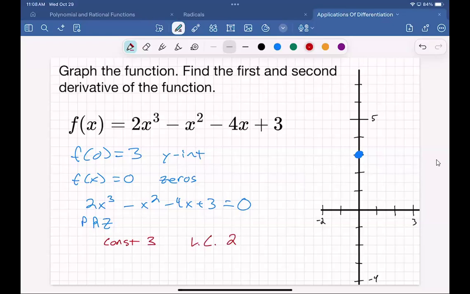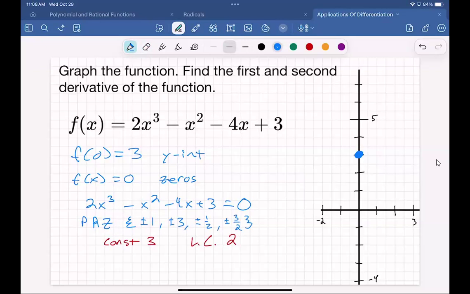This set of values comes from the factors of your constant term, so plus or minus 1, plus or minus 3, divided by the factors of the leading coefficient. Thankfully here again, it's only 2 and 1, so the only other options we will have are 1/2 or 3/2.